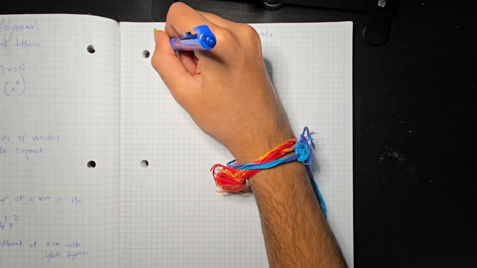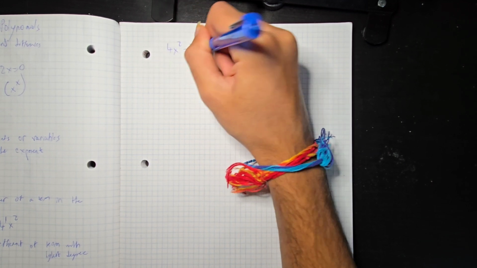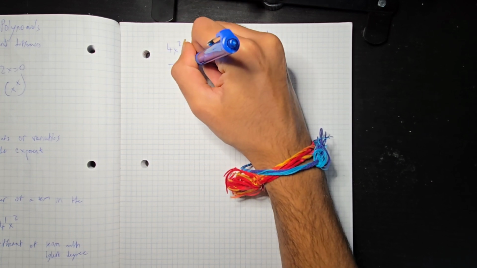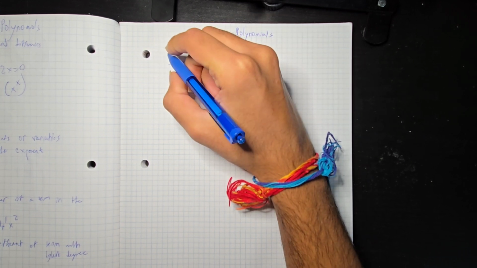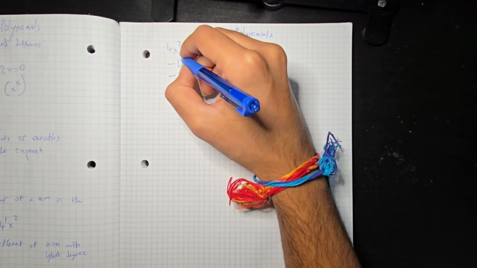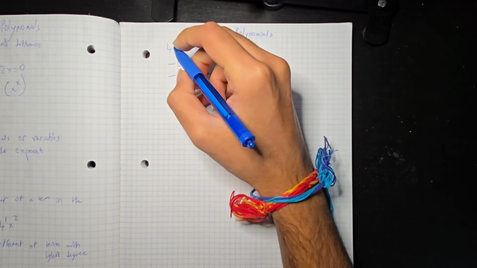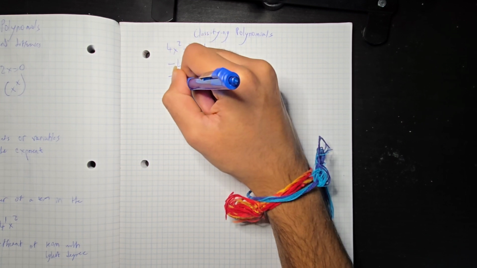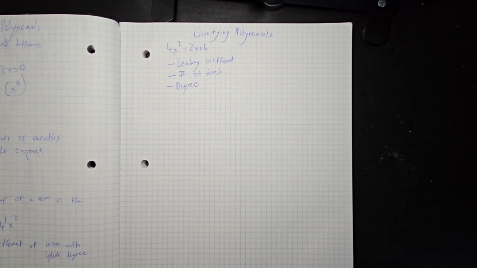If we have the polynomial 4x squared minus 2x plus 6. Can you guys find me the leading coefficient, the number of terms, and the degree?